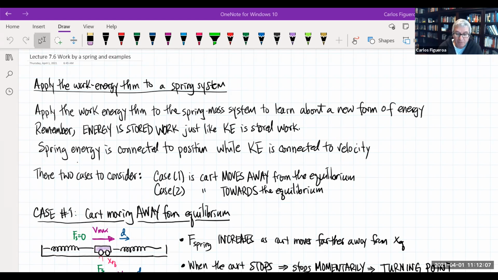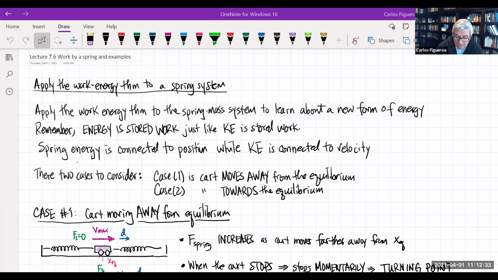Now we want to apply the work energy theorem to the spring mass system. And we're going to learn about a new form of energy. You'll see that this spring energy is connected to position, really changes in position, just like kinetic energy is associated with changes in velocity.